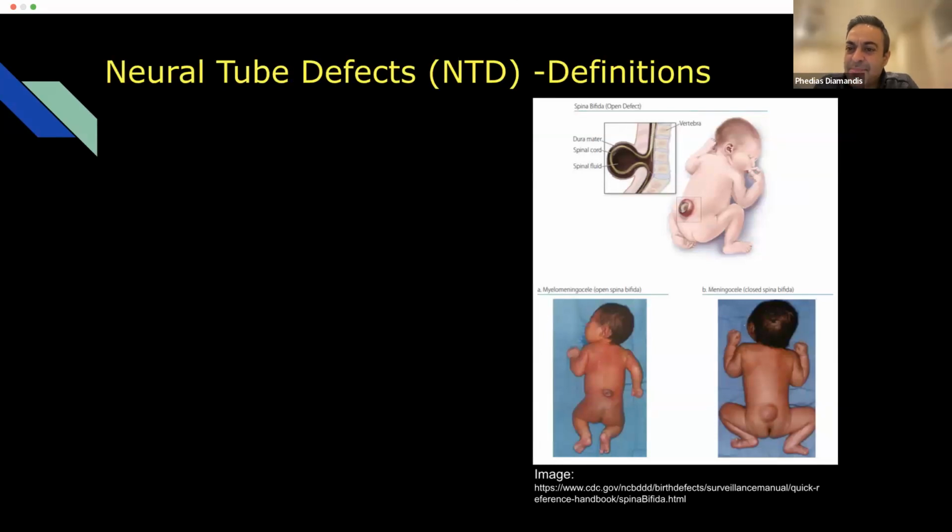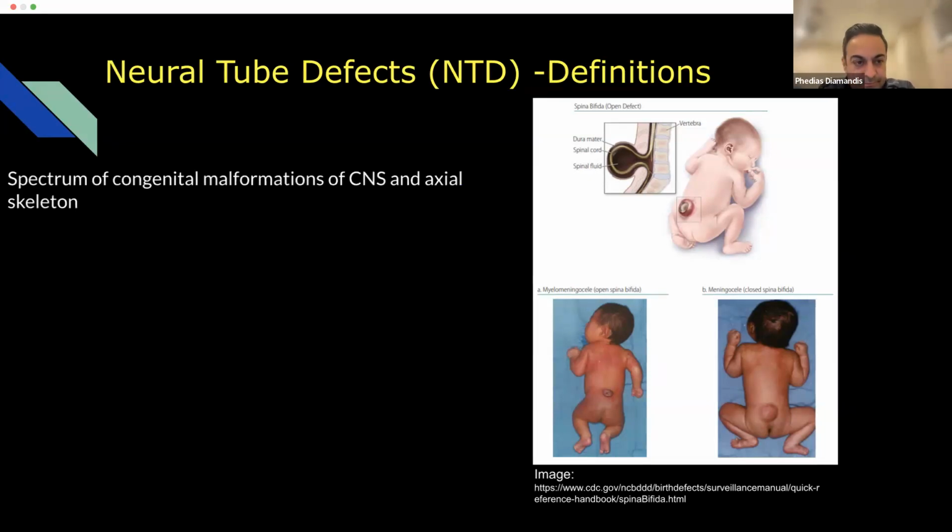This is just an example of when the defect is localized to the lower part of the spine. So these are the myelomeningocele. You have normal neural tube closure at the top, and then the defect can occur anywhere along the spine.